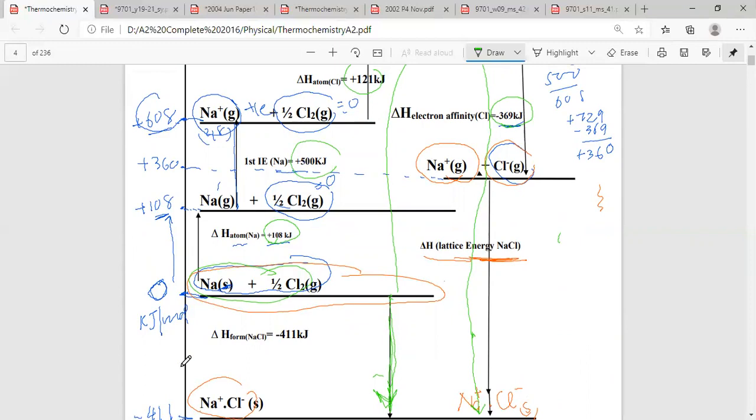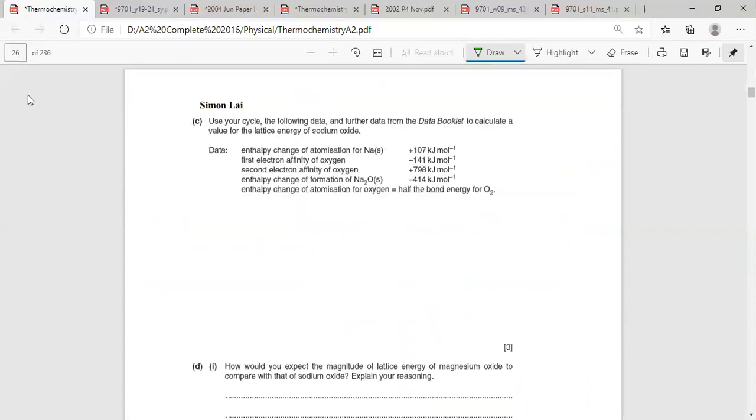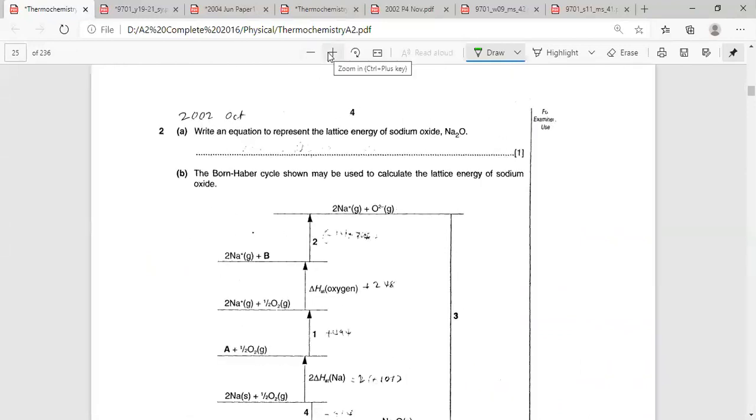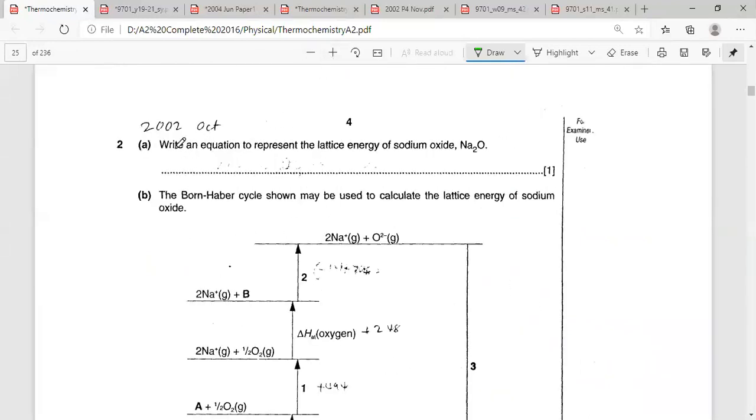Now, let me show you a question for sodium oxide. I think it's page 26. See now here they give you in terms of the Born-Haber cycle. Write an equation to represent the lattice energy of sodium oxide. So of course it's what?